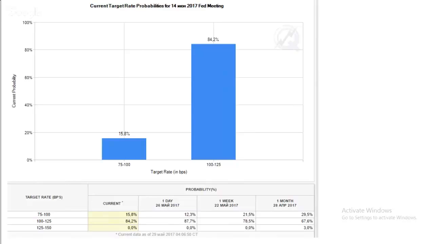This possibility has increased, and I think that the Federal Reserve has done a good job in preparing the market for a rate hike. So I don't think that we'll get a disappointment at this June 14th meeting.